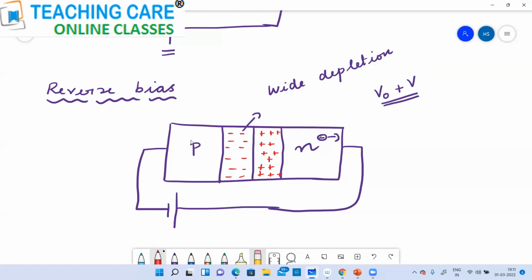In P, the minority carriers are the electrons. The electrons start moving towards the positive, and holes from here start moving, very few. When the minority carriers are crossing the junction, what is it called? Drift. This drift current is called leakage current or reverse current.